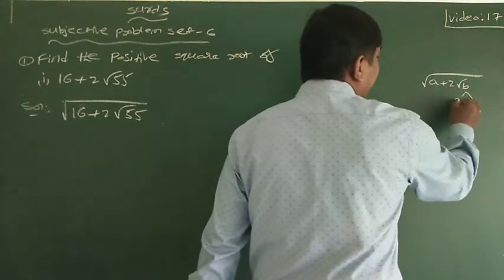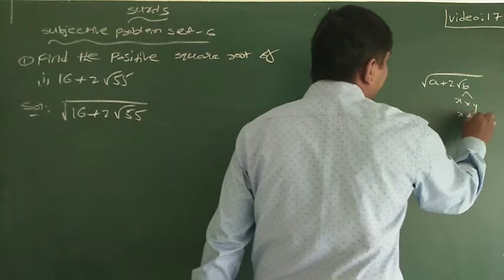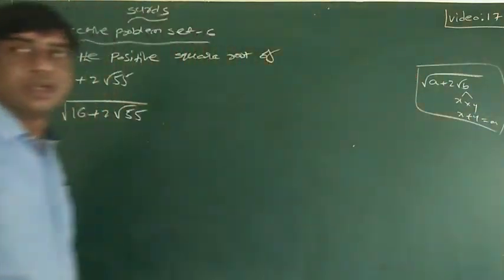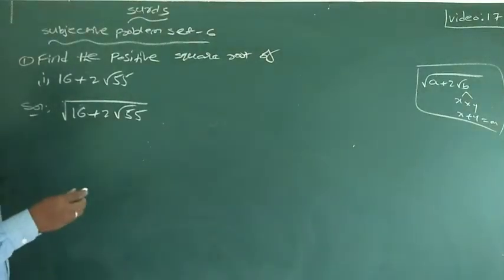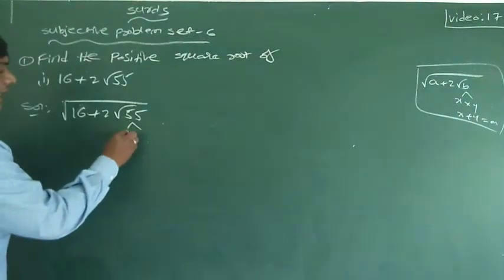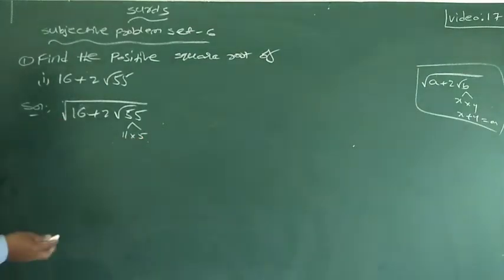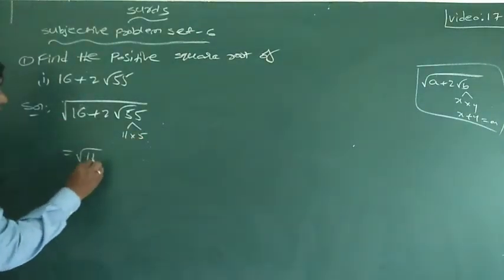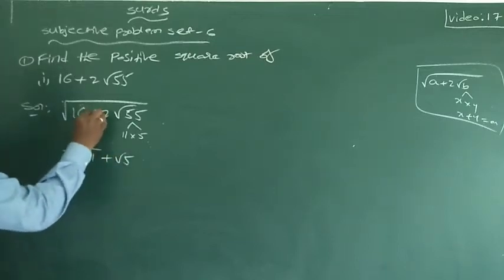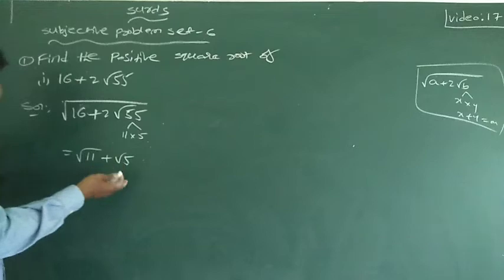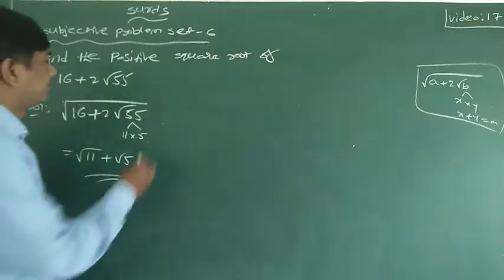Now the factors of b I am finding: x into y, x plus y is equal to a. In this procedure I am doing. So 55 can be written as 11 into 5. 11 plus 5 is 16. So directly its answer is root 11 plus root 5. Here plus is there, so plus. We'll start the solution.